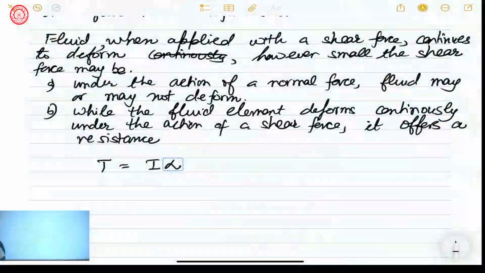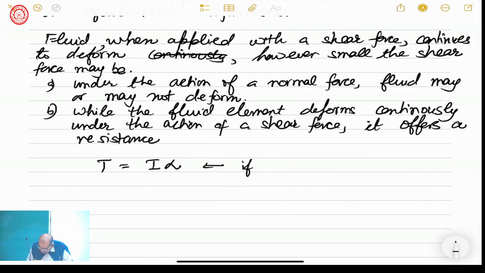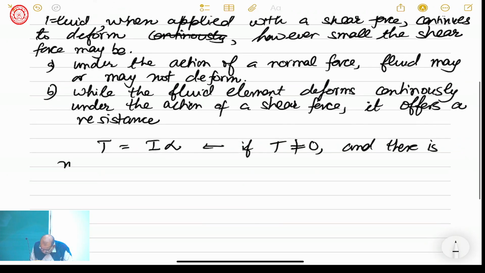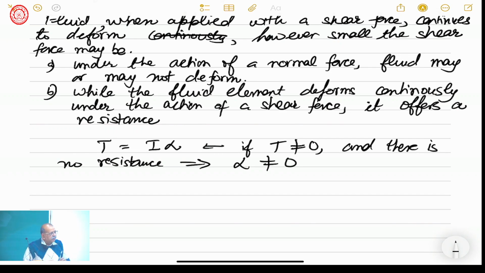So if T is not equal to 0 and there is no resistance, this will imply alpha is not equal to 0.